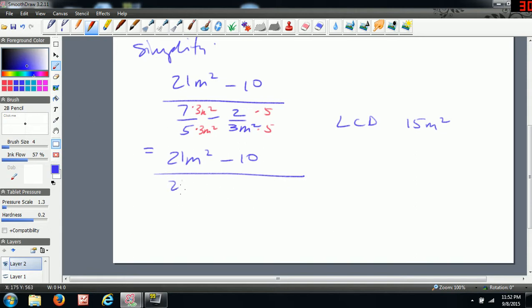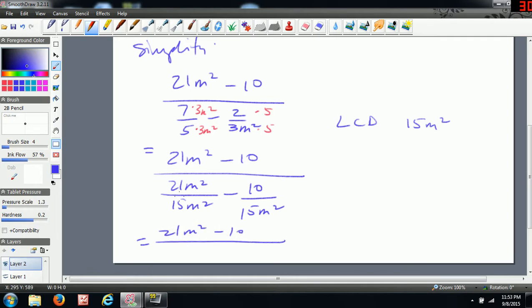So now we get 21m squared over 15m squared minus 10 over 15m squared. Now that we have the same denominators, we can combine this into one thing: 21m squared minus 10 all over 15m squared.